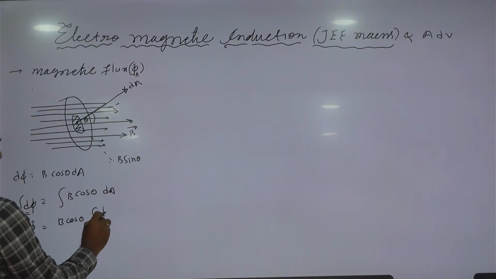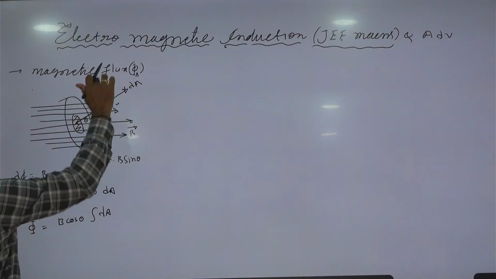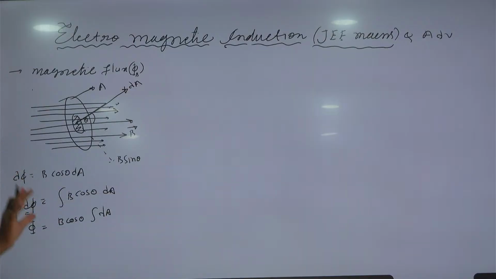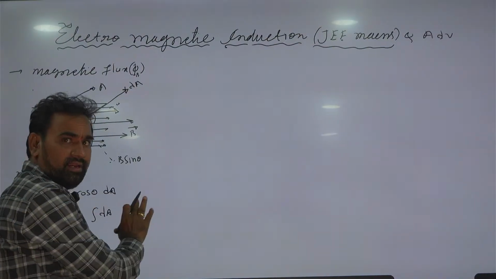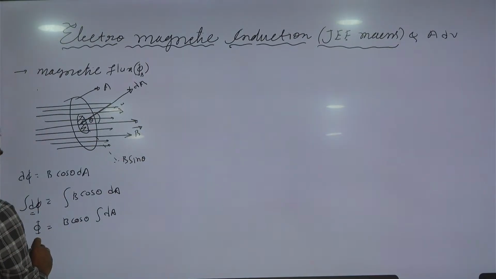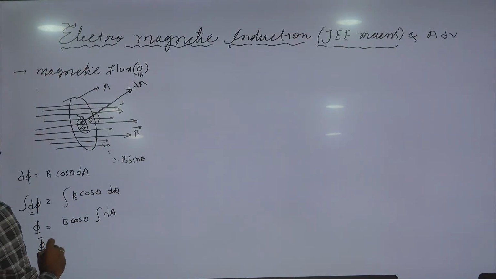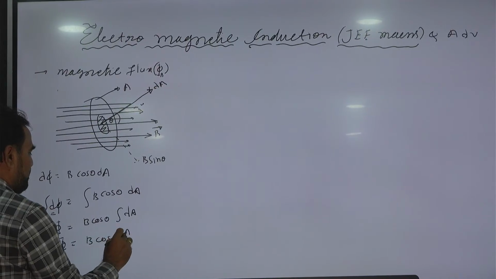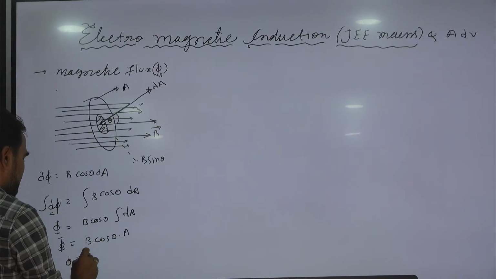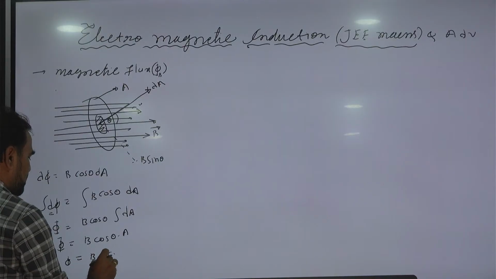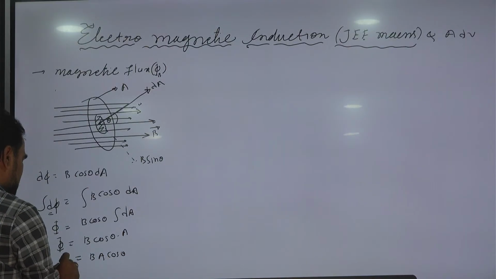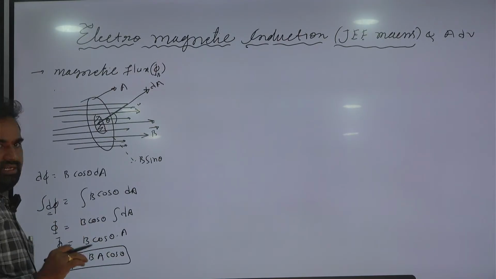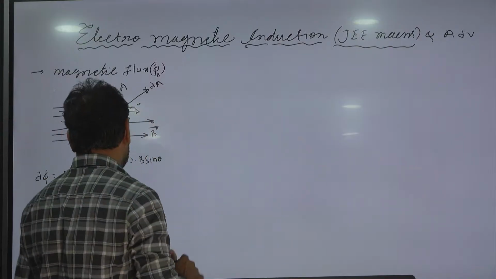Integration of dA means the total area. Taking the total cross-section area as A, phi is equal to BA cos theta. This is the magnetic flux. Phi of B equal to BA cos theta is called the magnetic flux.